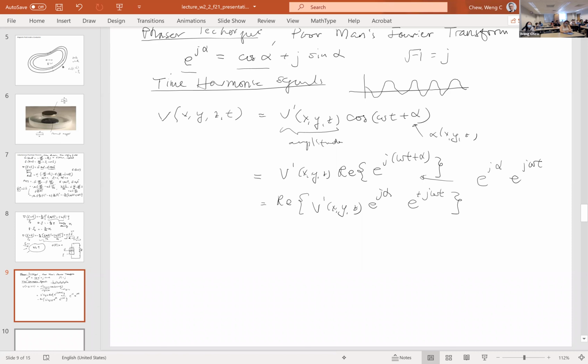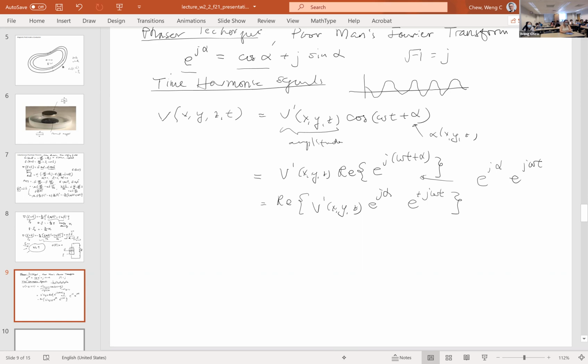And in olden times, the alphabet I was reserved for current. So we started to use j for the square root of minus 1, but unfortunately, when it comes to Maxwell's equations, we use J to denote current density again. So there is confusion there again. But electrical engineers always use j to denote the square root of minus 1.